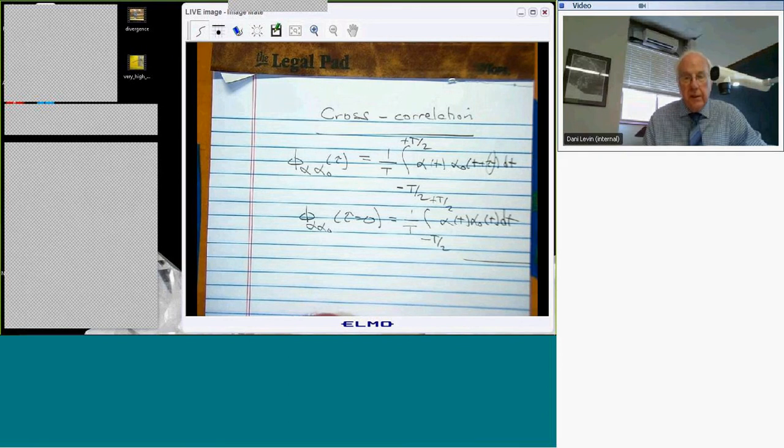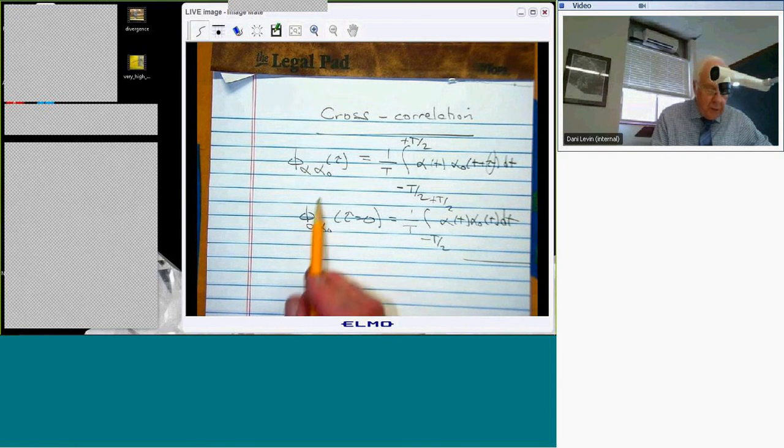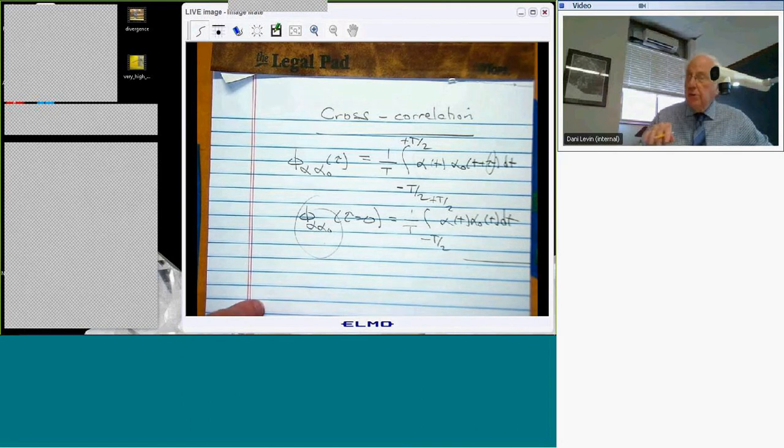What normally happens is people look at what happens when tau is very large. If you look at this cross correlation function and let tau become very large, if that cross correlation function goes to 0, that tells you that alpha and alpha naught are uncorrelated at large times. I suppose if this turned out to be 0, which it could be, even at tau equals 0, then that would tell you it's uncorrelated at short times too.